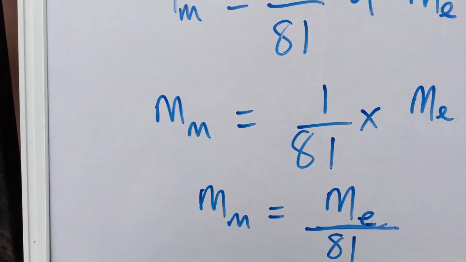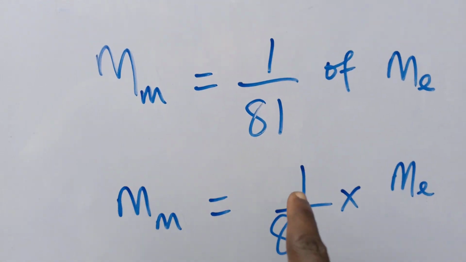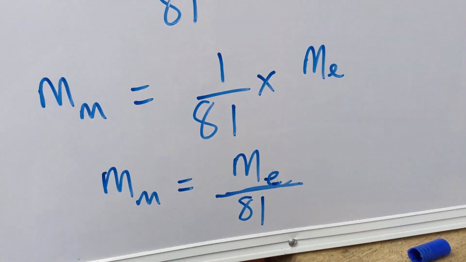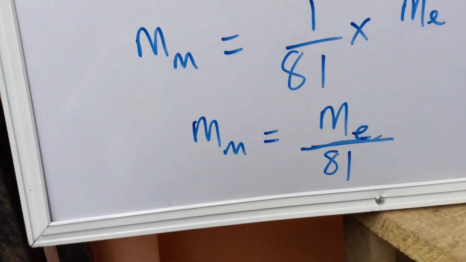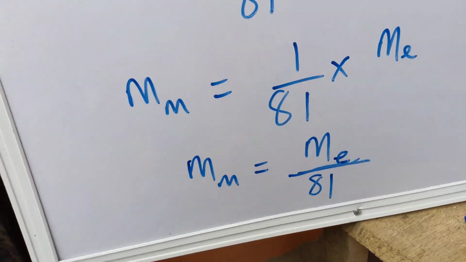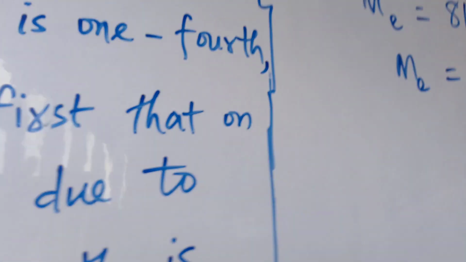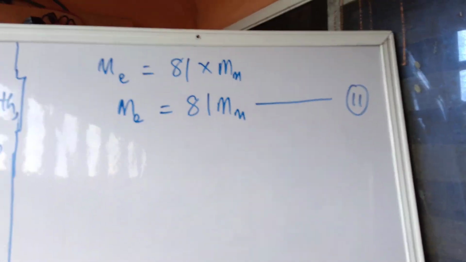That is, Mm will be equal to 1/81 times Me. When I multiply 1 times Me, it is Me over 81. Now, if I cross multiply this, 81 times Mm gives you 81Mm. The mass of the Earth will be 81 times the mass of the moon. So Me is equal to 81Mm.